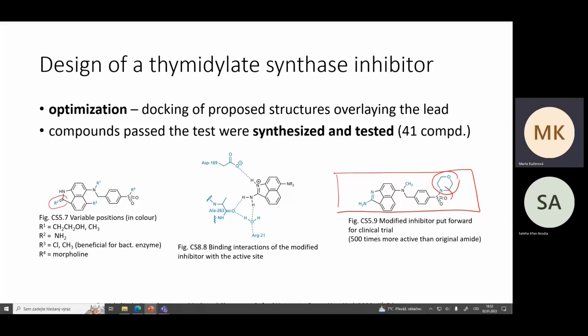In addition, nitrogen is involved here in a sulfonamide moiety, which is also a hydrophilic part of the molecule. And this inhibitor was put into clinical trials.